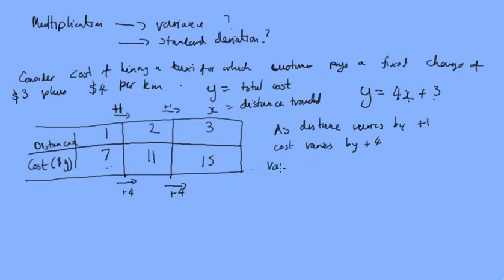The variation in cost is affected by the multiplication times 4, but not by the addition.